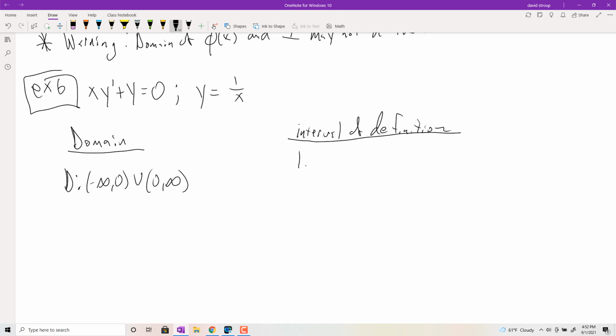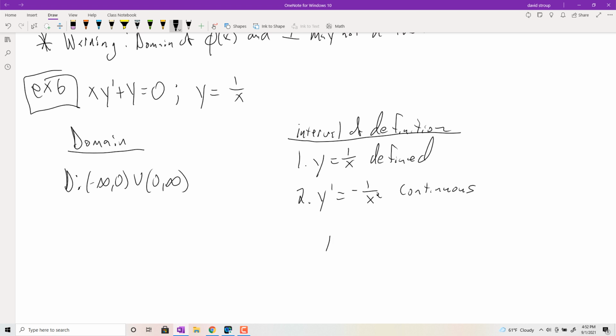So y equals 1 over x needs to be defined and differentiable, and then y prime, which is negative 1 over x squared, needs to be continuous. If you pick the whole domain, there's no way the derivative is going to be continuous. So you can't just pick the domain.